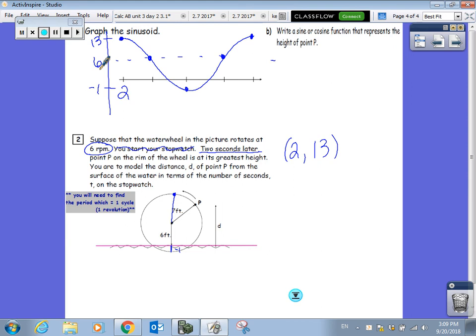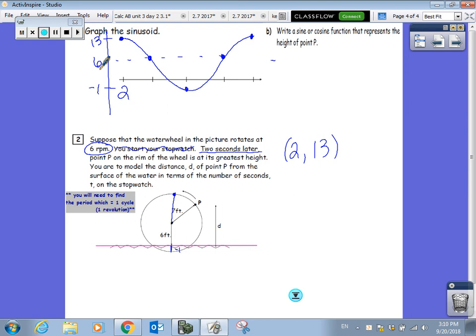Be careful when we talk about the radius. Like the one on your homework about a Ferris wheel that's, say, 70 feet in diameter. The middle of the Ferris wheel is 35, but if it doesn't hit the ground, that's going to change. So from the middle to the height is 7, which makes the middle 6.